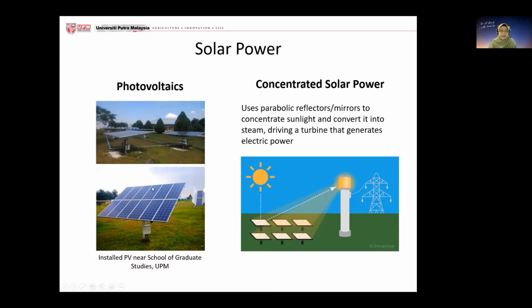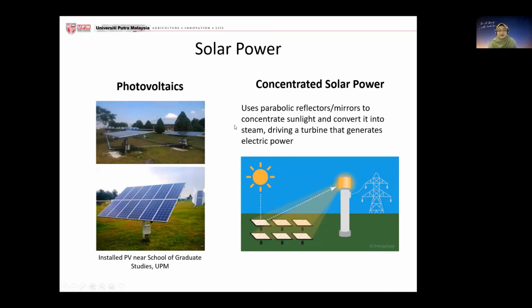Apart from that, there's also the thermal energy related to solar, in which concentrated solar power uses parabolic reflectors or mirrors to concentrate sunlight and convert it into steam. This conversion, heat to steam and then driving a turbine, generates electric power.